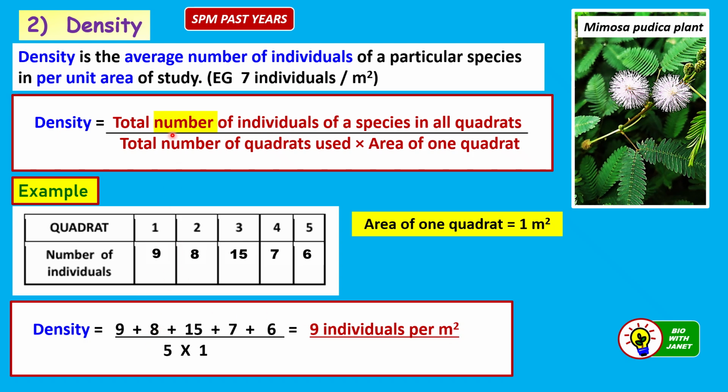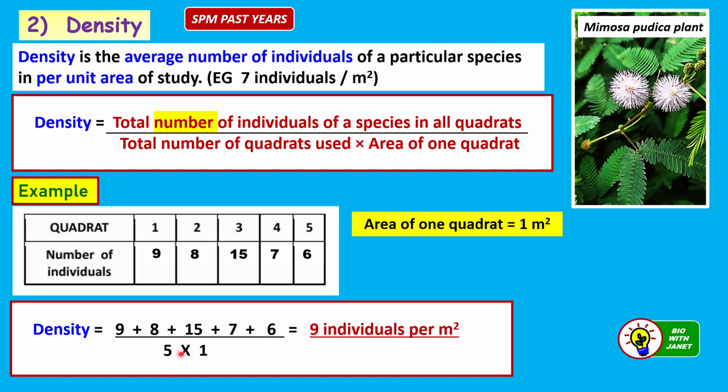Density equals the total number of individuals of a species in all quadrats. So you have to add all these numbers up together. This is the total number of individuals of the species, like the Mimosa pudica plant, in all the quadrats. You divide by the total number of quadrats. There are 5 quadrats here.